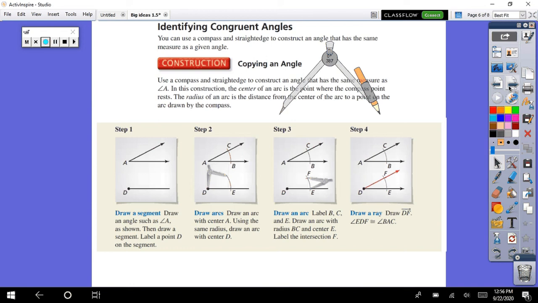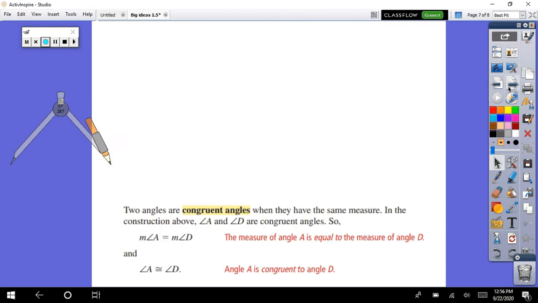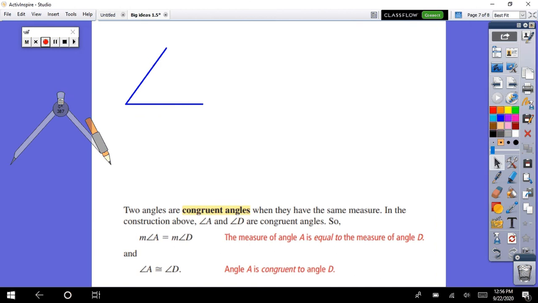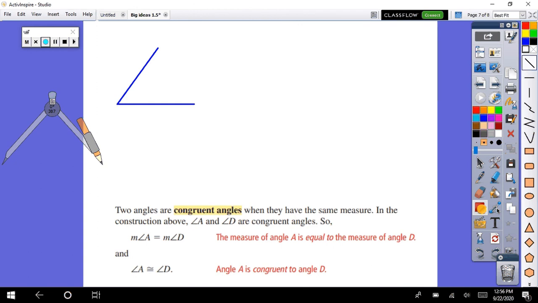All right, now congruent angles. Much trickier to construct an angle congruent to a different angle. So we'll follow these steps in our notes. So first off, let's just draw an angle. Use your straight edge to construct an angle. Now when we duplicate this angle or copy this angle, start out with a ray longer than what you need.